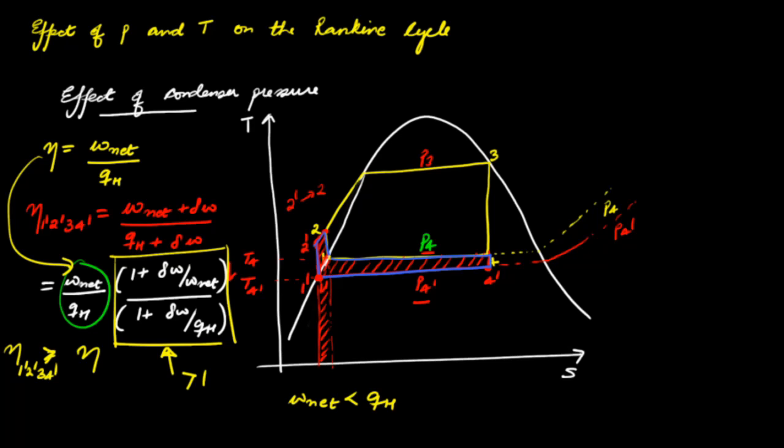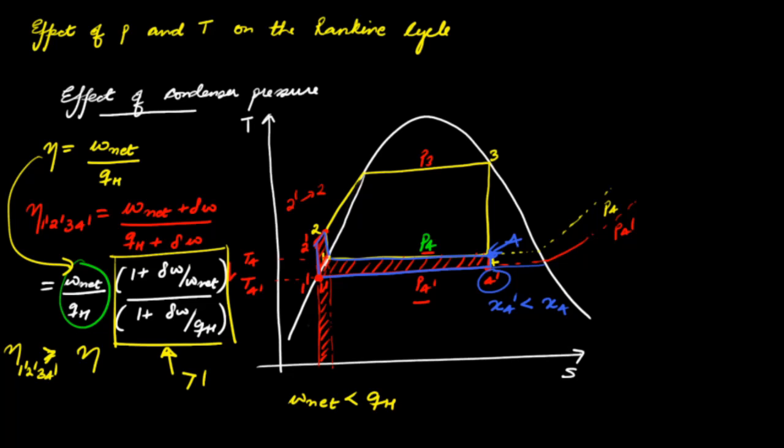However, when we reduce the exhaust pressure of the turbine or the condenser pressure, then we see that the quality at state 4 prime will be less than the quality of steam at state 4, that is this.